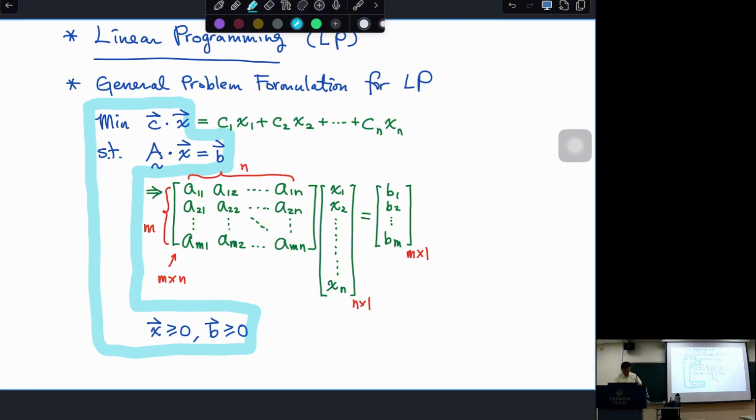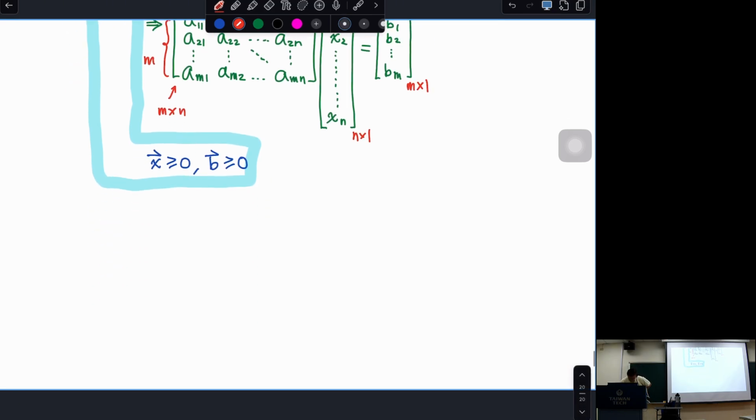So let me give you one example. So how about 3x1 plus 2x2 must be smaller than or equal to 3.